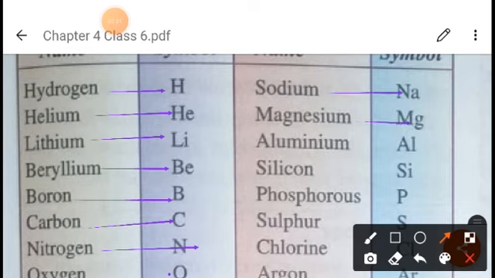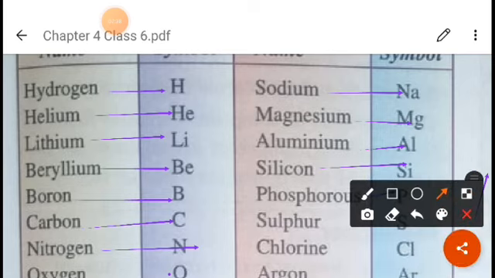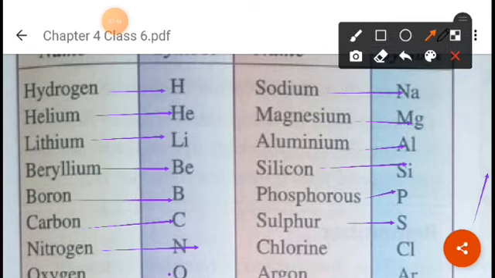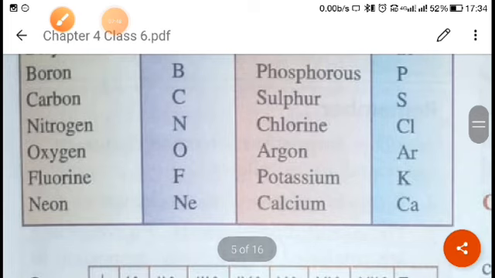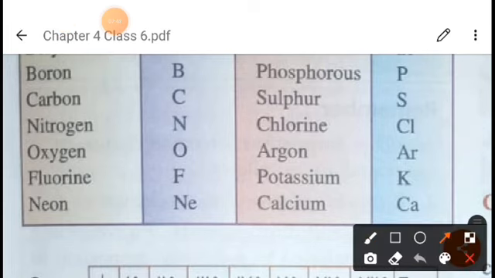Magnesium, Mg. Aluminum, Al. Silicon, Si. Phosphorus, P. And after that, sulfur, S, chlorine, Cl. And after that, fluorine F, neon Ne, argon Ar, potassium K, and calcium Ca.